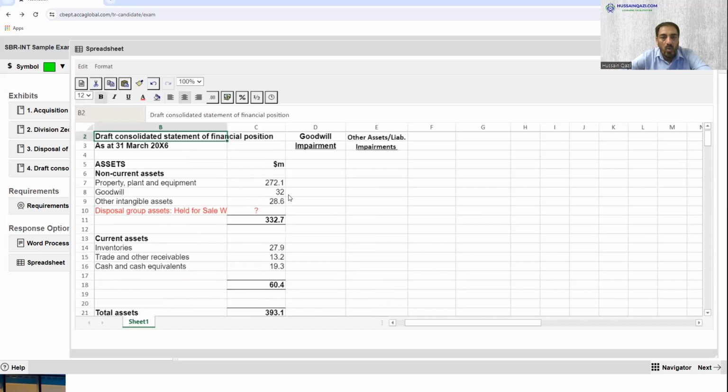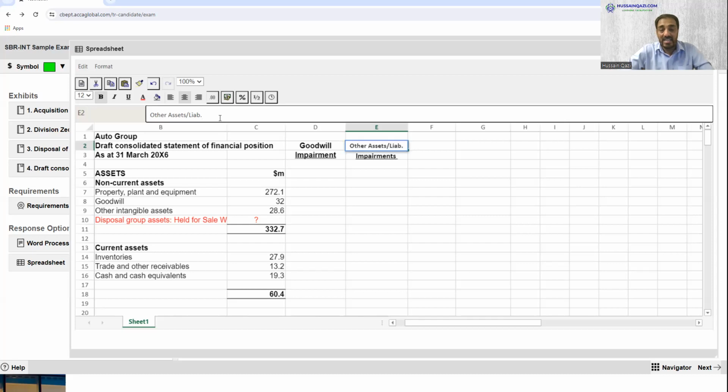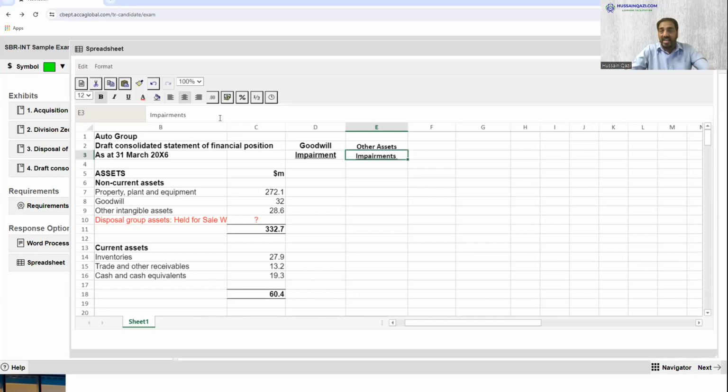Now, what are the columns for adjustment? I have split the adjustment column into goodwill and other assets and liabilities, because goodwill only affects the retained earnings, while other assets affect the retained earnings, parent share and NCI as well.